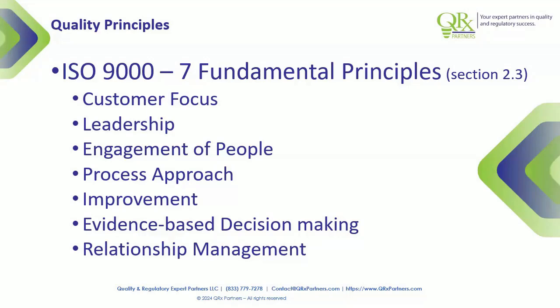Then the next one they look at is leadership. And the previous editions of ISO 9000 had this section named management, and they recognized that having a quality management system requires some leadership, requires the focus. Okay. The next one being the engagement of people. You have to have some people resources that you're engaging.